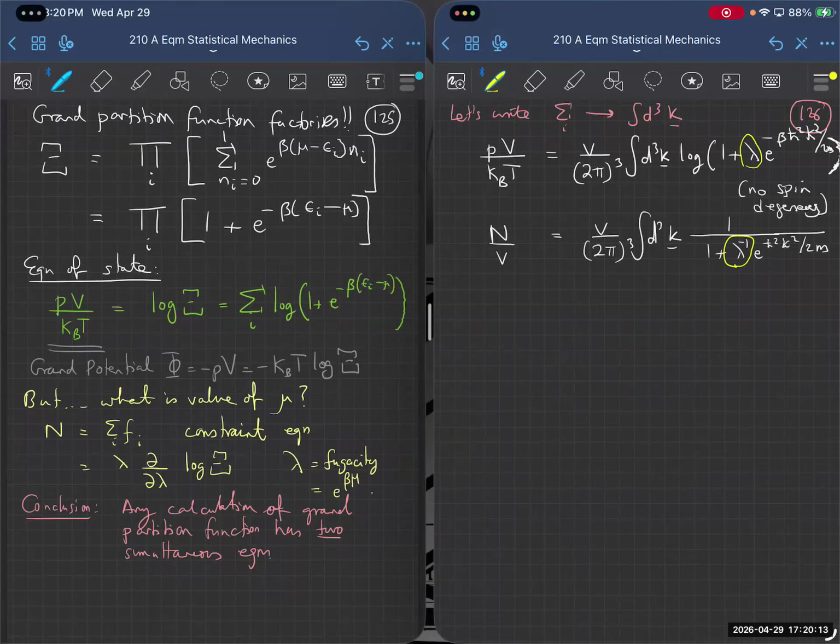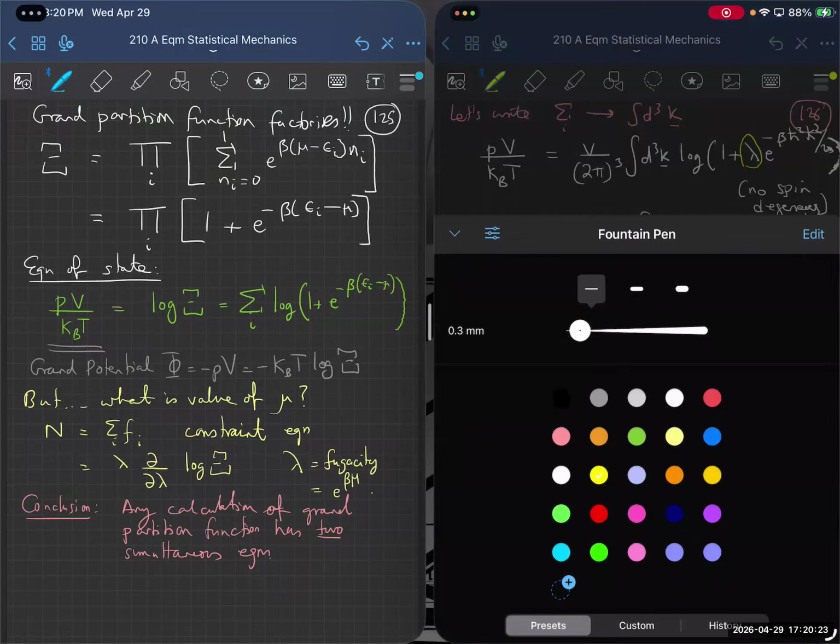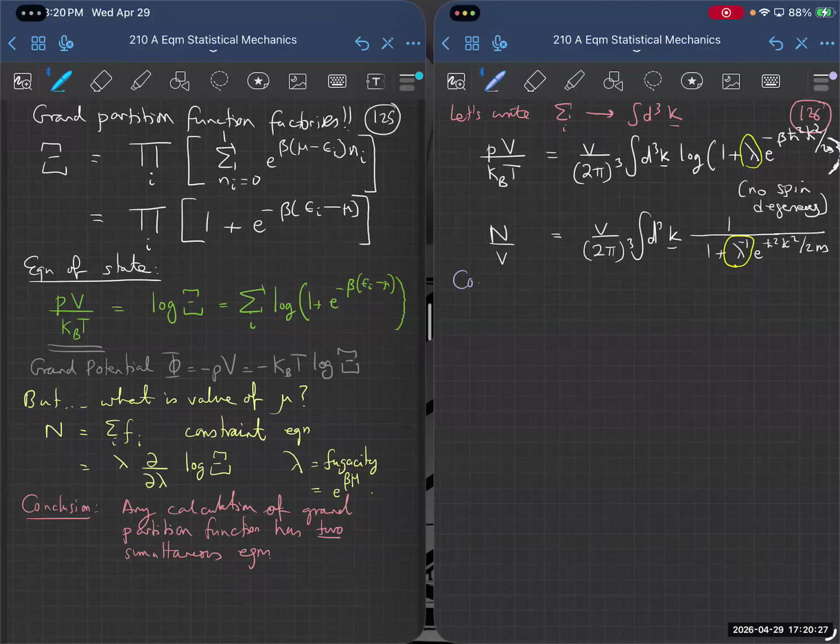Okay, so that's the end. I'm going to write this down in terms of two functions, and then I'll finish. It's conventional to write it like this.